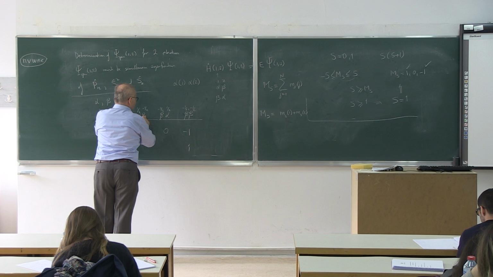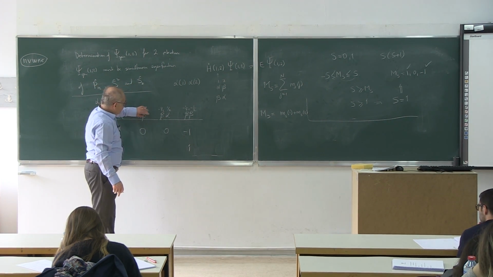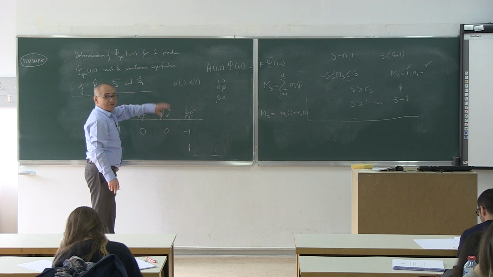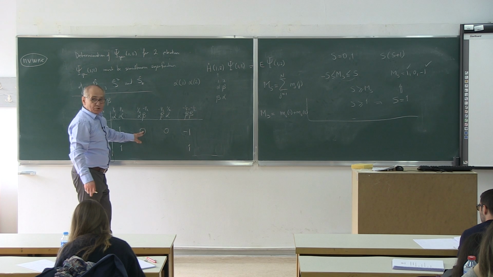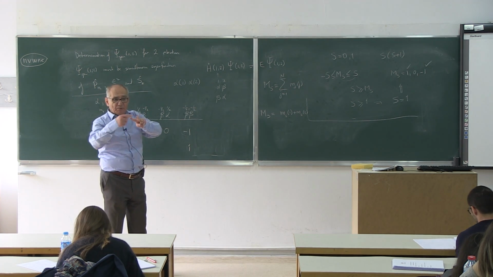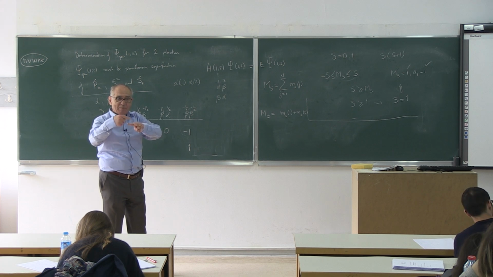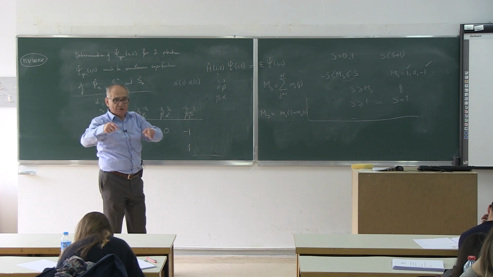One is alpha times beta, the other is beta times alpha. These two functions are different functions. But both of them have MS equals 0, and we are looking for two functions with MS equals 0. One of them must belong to S equals 1, the other must belong to S equals 0.